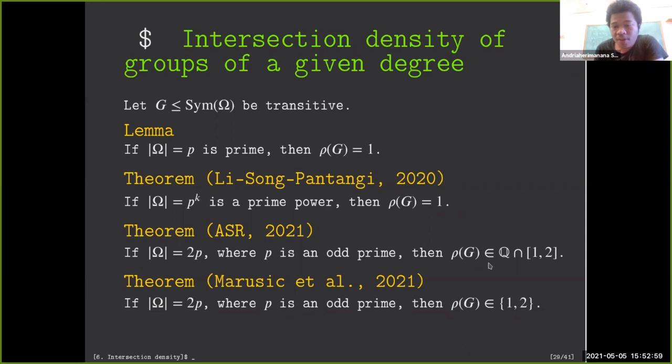What I proved is that rho of G is a rational number between 1 and 2. And just recently, Dragan Marušič and his colleagues proved that what happens here is in fact just rho of G equal to 1 or rho of G equal to 2.